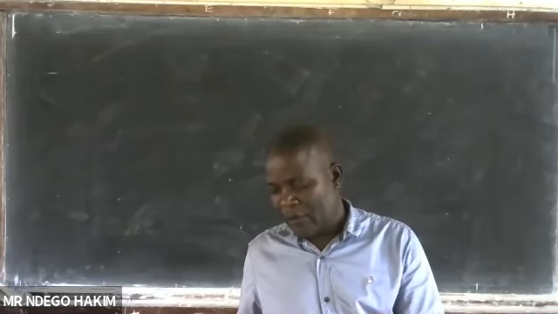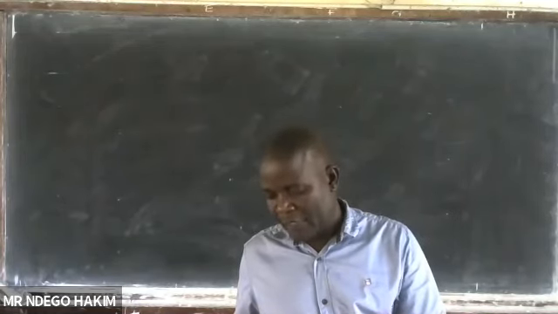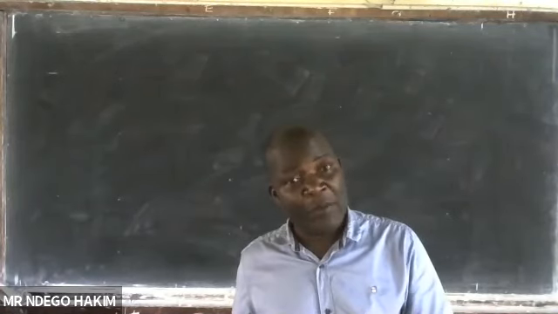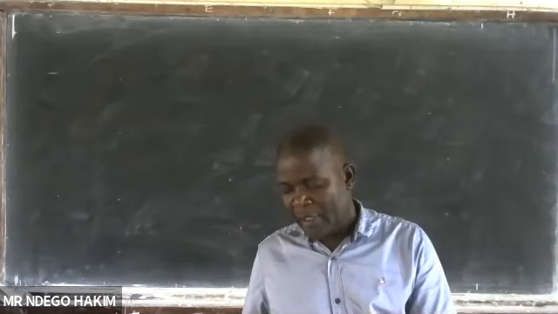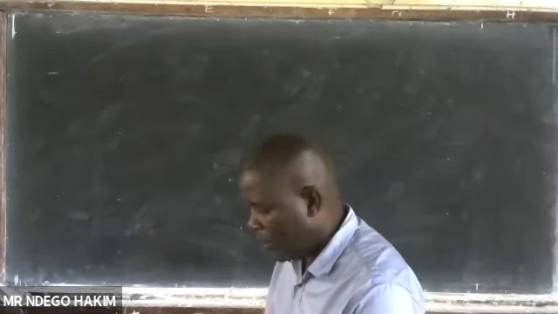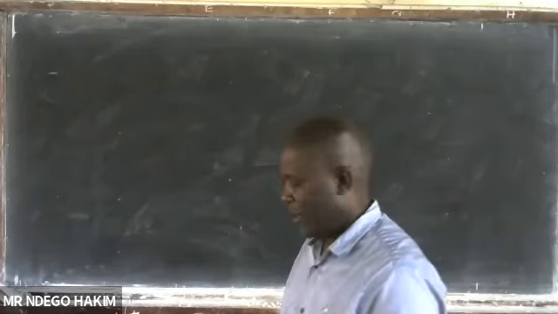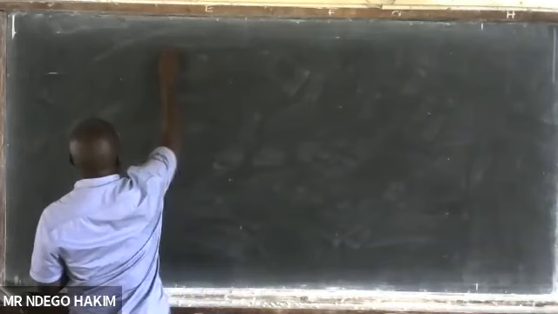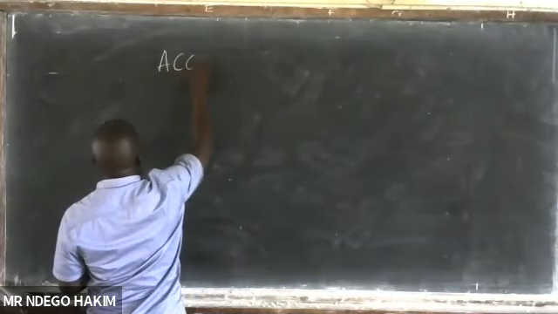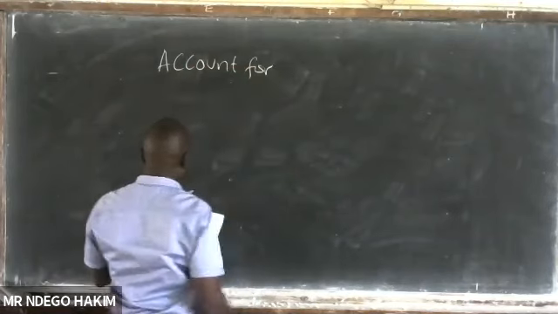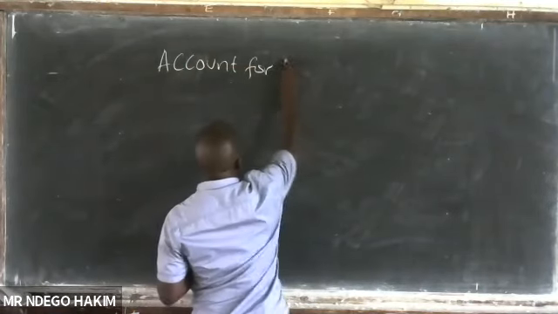But this question, which I'm going to discuss today, is: account for the dominance of chemical weathering, this time chemical weathering, in the tropical humid areas of East Africa. So let me write it down.